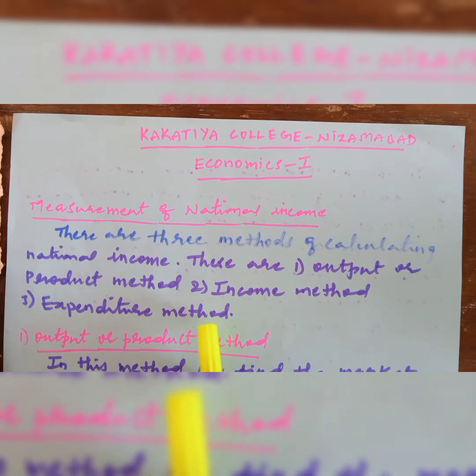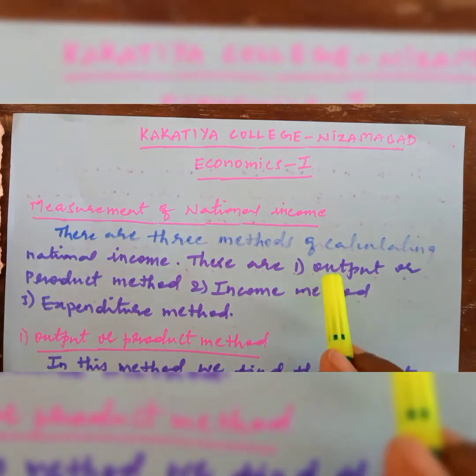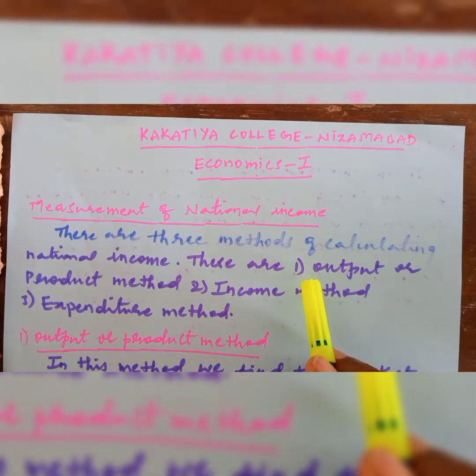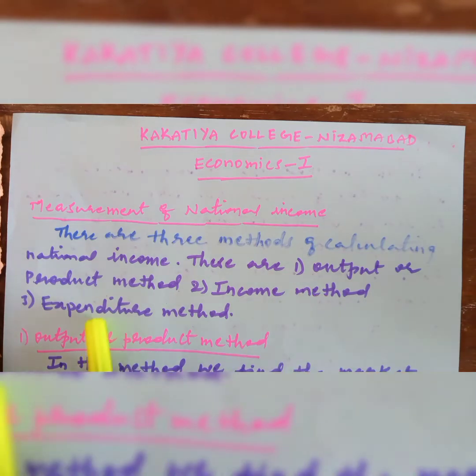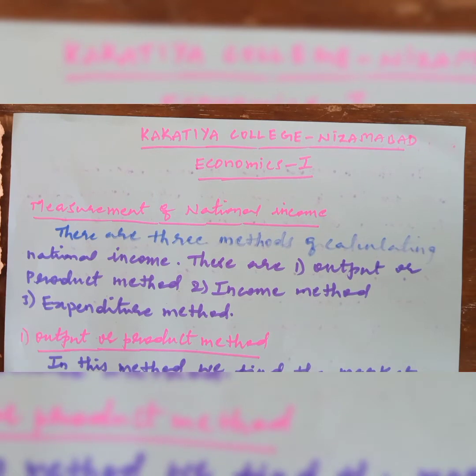In each and every economy, nothing but in each and every country, the national income is calculated based on these three methods, that is output or product method, income method, and expenditure method. Okay, now I will explain briefly about three methods one by one.